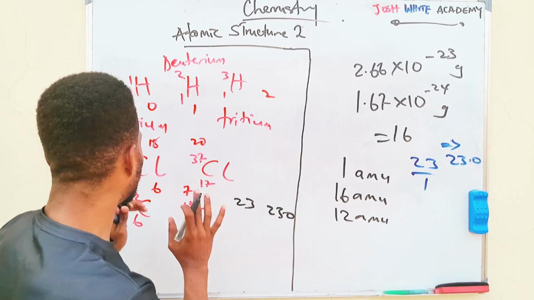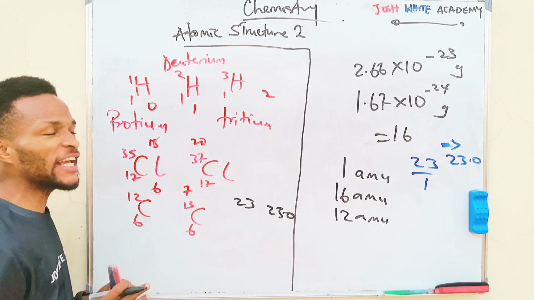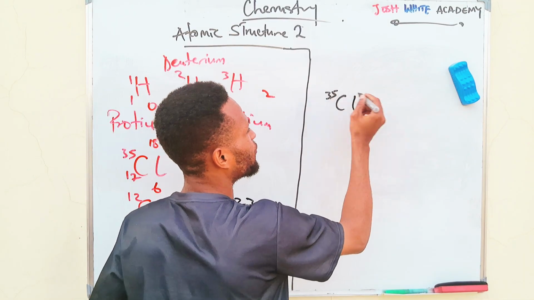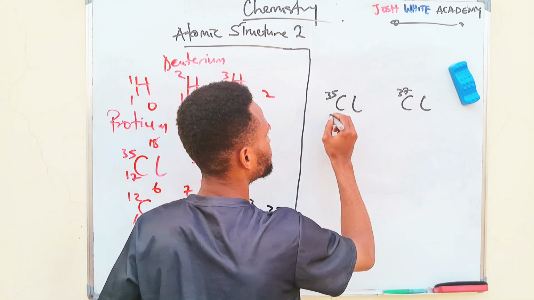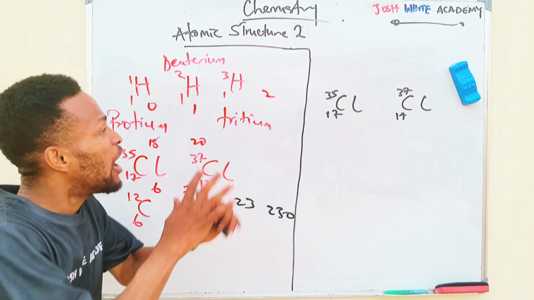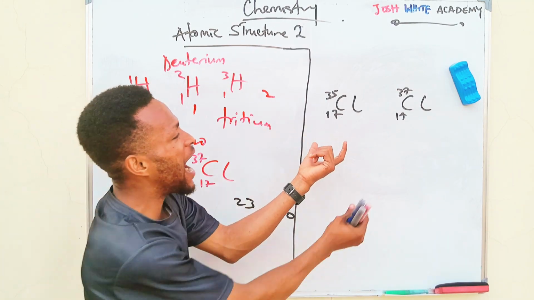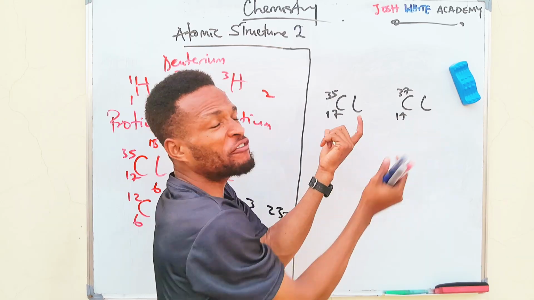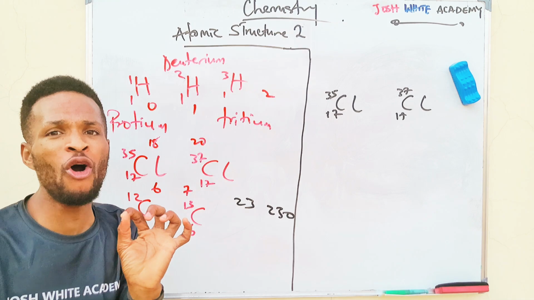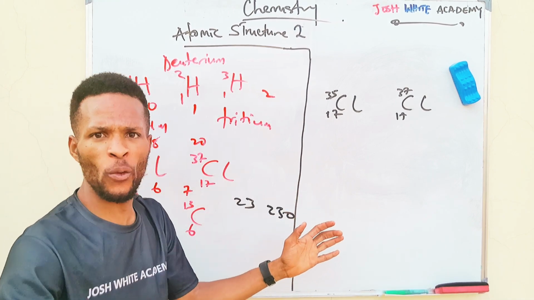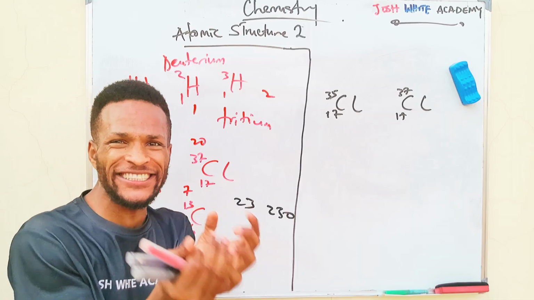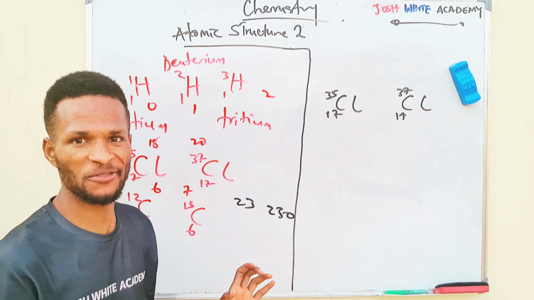But elements like, for instance, chlorine, exist in two isotopic forms, chlorine-35 and chlorine-37. Now, to know the relative atomic masses of the isotopic forms of these elements, you must know their ratio of occurrence or their percentage abundance.